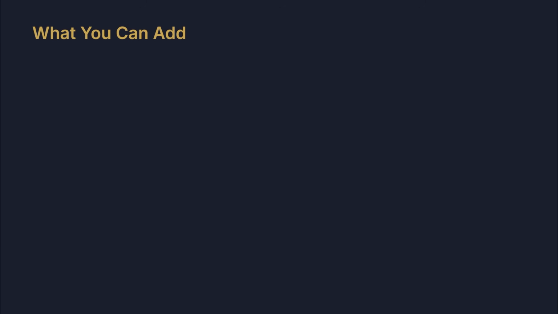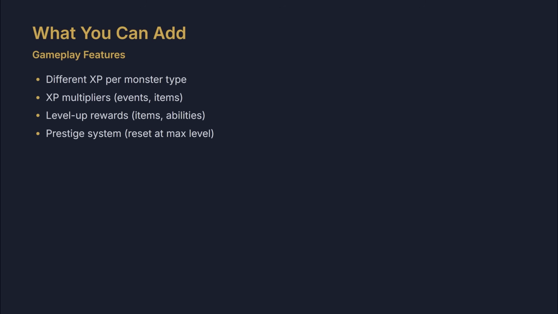And now, the limits are only your imagination. You can add different kinds of gameplay features. You can, for example, add different XP per monster type, or you can add XP multipliers. You can add level up rewards, for example, or you can add some kind of prestige system. We can also add an XP bar overlay, or leaderboards, or a level up particle and sound system.